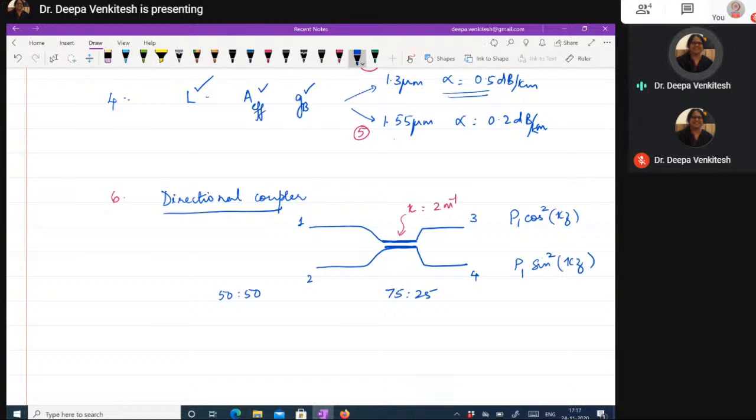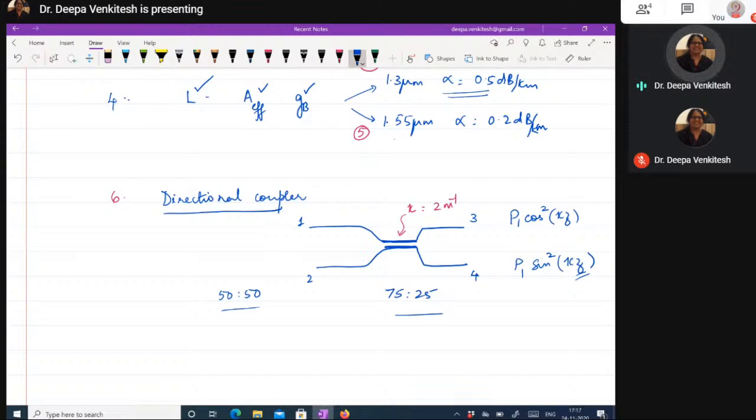All you need to do is substitute the value of z, which gives you the coupling power ratio, rather than inverting and calculating. Especially in question 7, somebody in the forum was pointing out that the answer is pi by 12, and I don't see the option pi by 12. Well, you may not. You have to pick the value from the options.